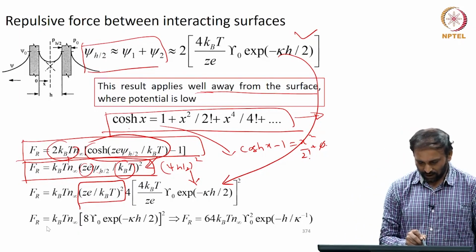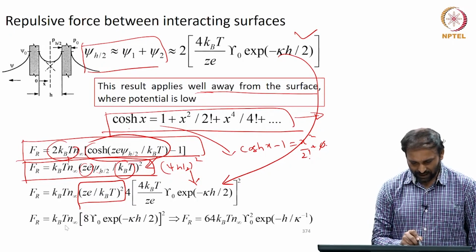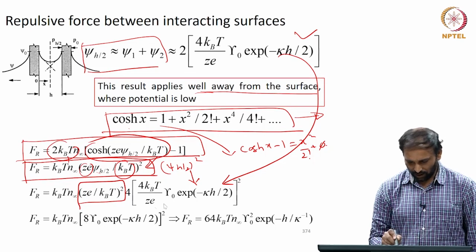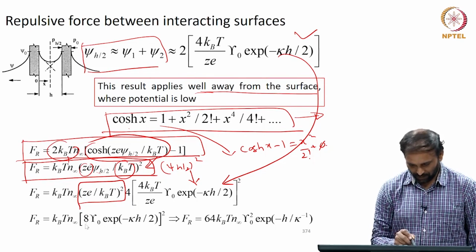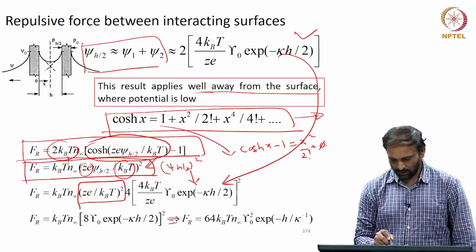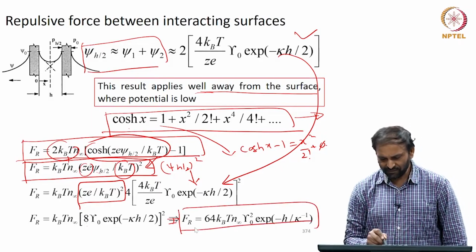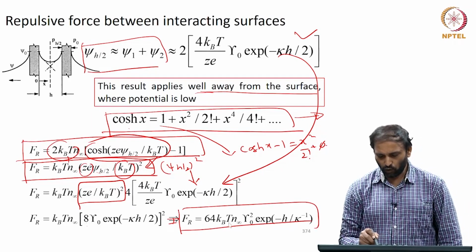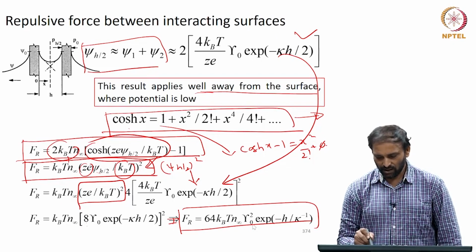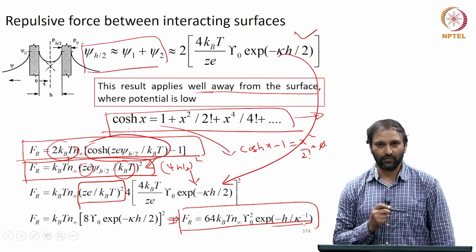Therefore, Fr, that is the force of repulsion, essentially becomes kBT n infinity times 8 gamma naught exponent of minus kappa h by 2 whole square. That means the force of repulsion essentially becomes Fr is equal to 64 kBT n infinity gamma naught square exponent of minus h by kappa inverse.